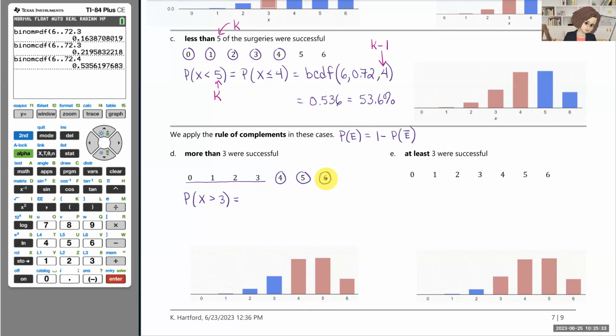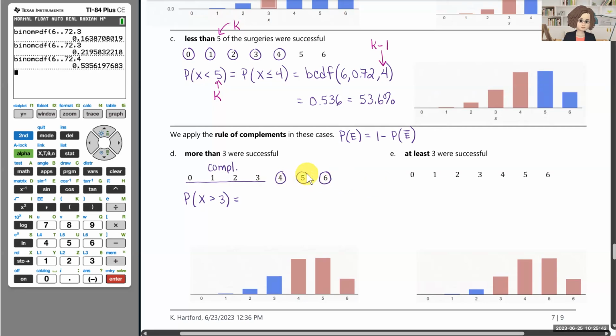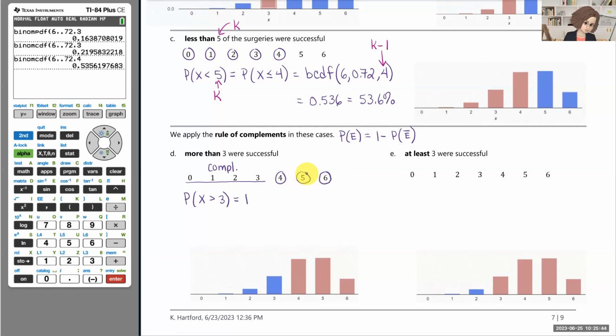So if I can find the complement of this event, then 1 minus the complement probability will give us the answer. So the complement is that x is less than or equal to 3.